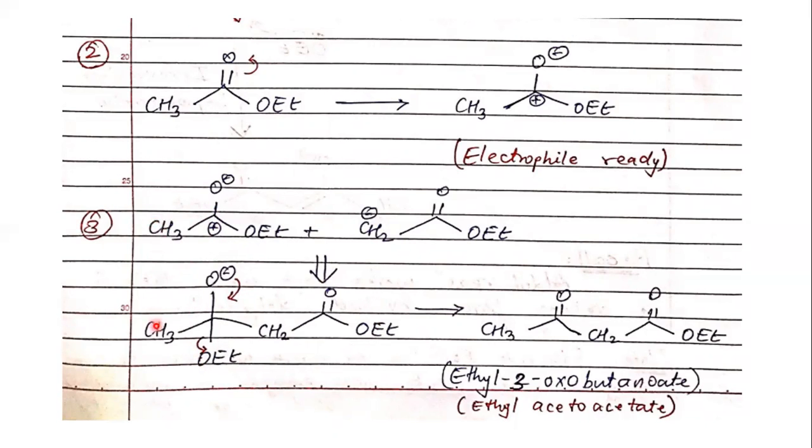This CH3 is here. This O is again here. O-ethyl is again here, whereas this central carbon, the one with the positive charge, is here. And now my nucleophilic carbon is going to attack this central carbon, which is electrophilic in nature, and I'm going to form a new C-C bond.